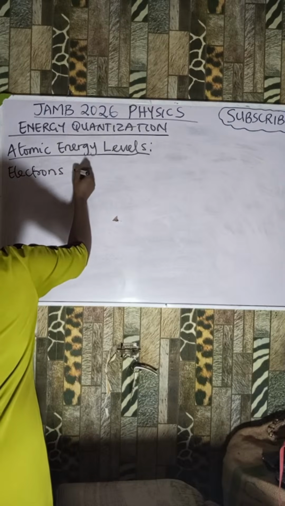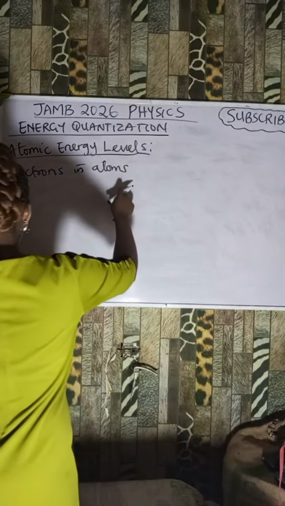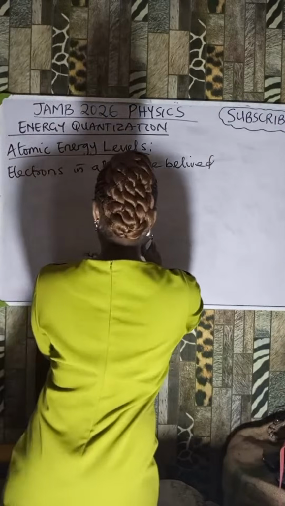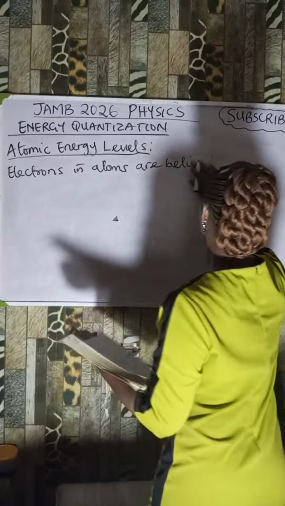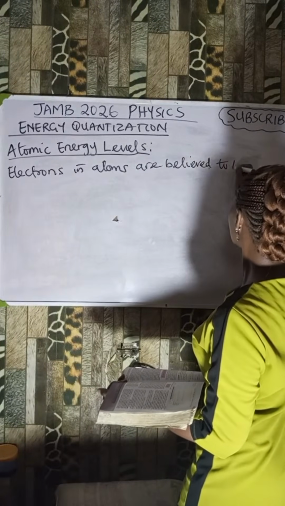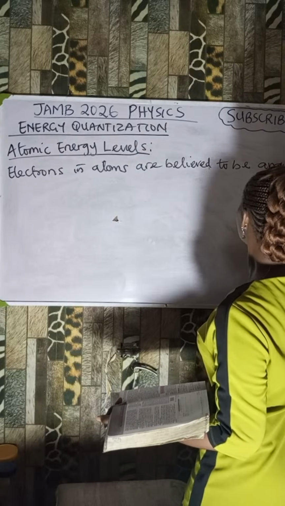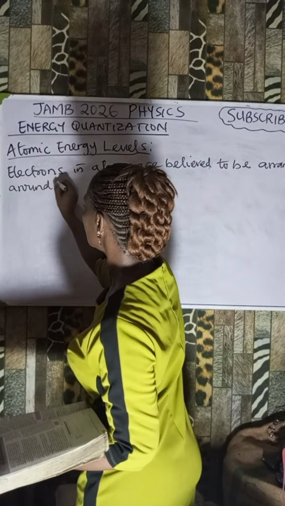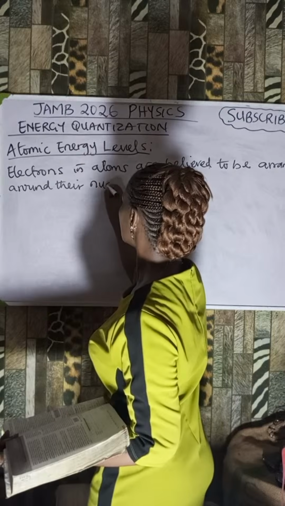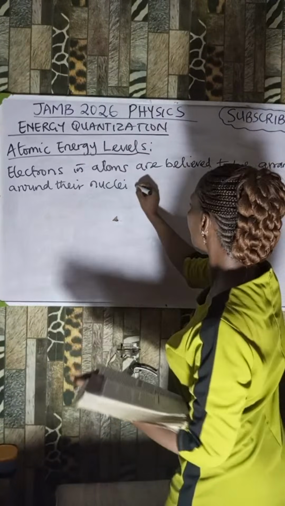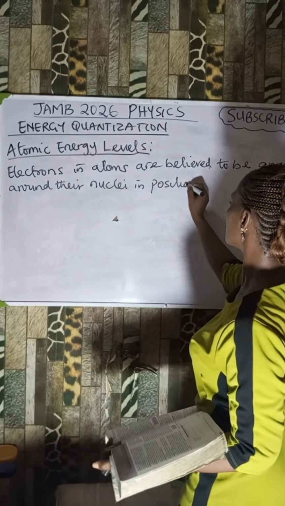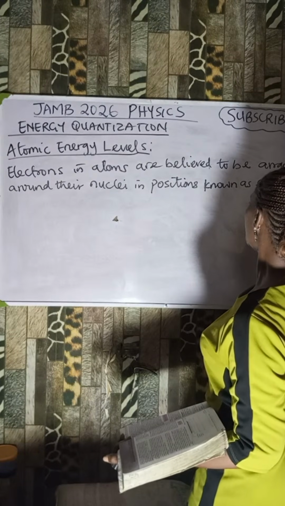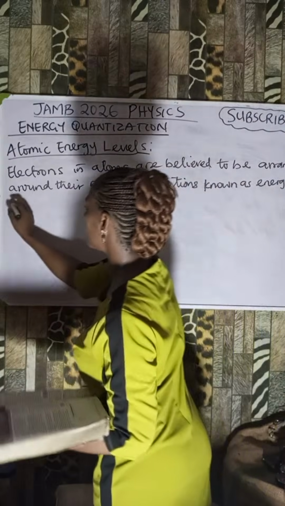Electrons in atoms are believed to be arranged in positions known as energy levels.